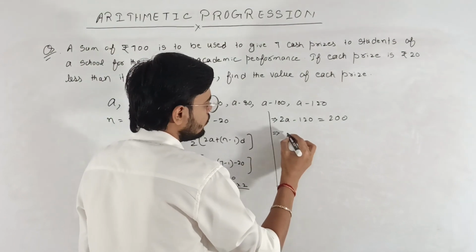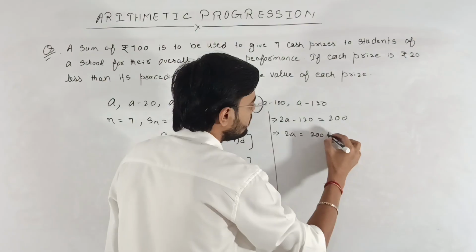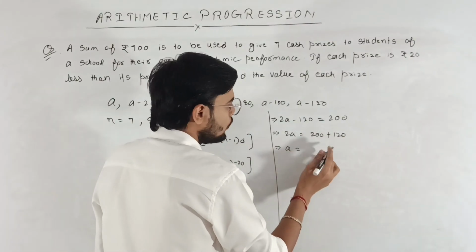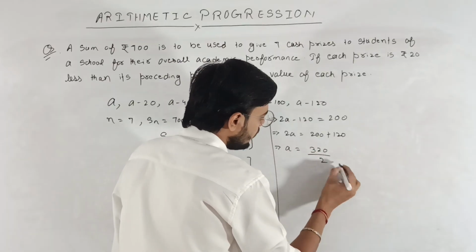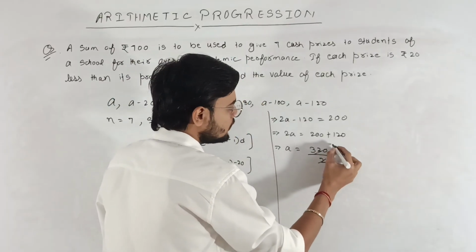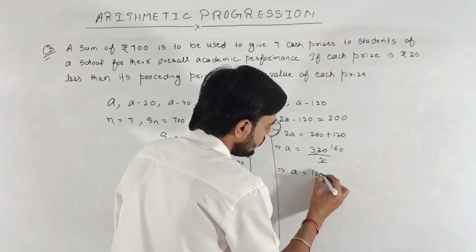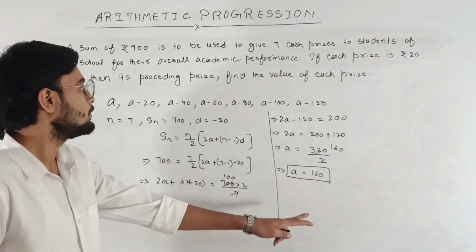From here, 2A is equal to 200, this 120 goes to this side and becomes minus 120. So 2A is 200 minus 120, which is 80. So A is 80 upon 2, which is 40. So A is 160, which is the first prize.